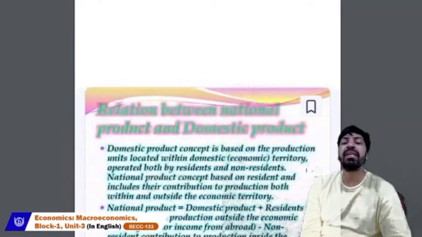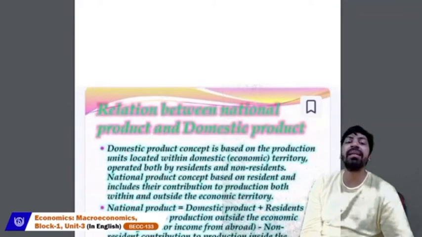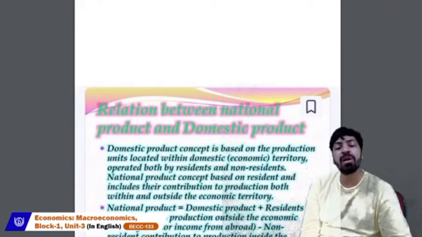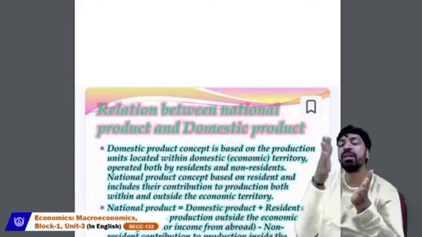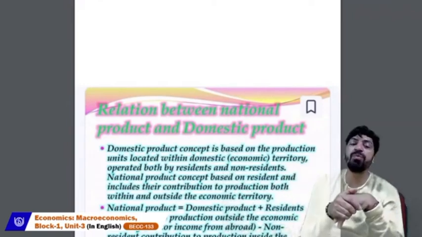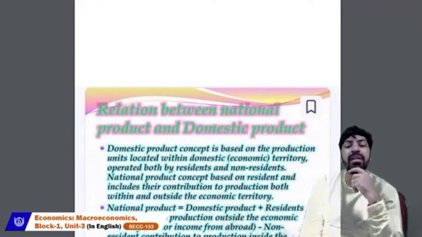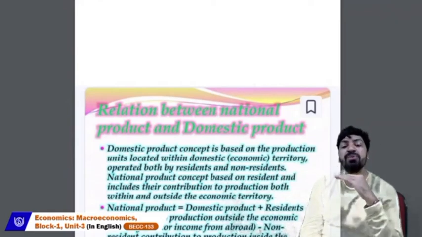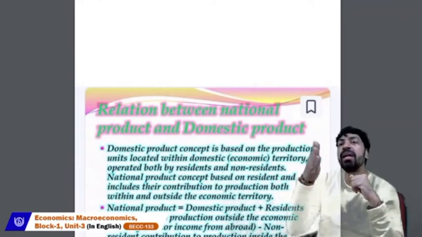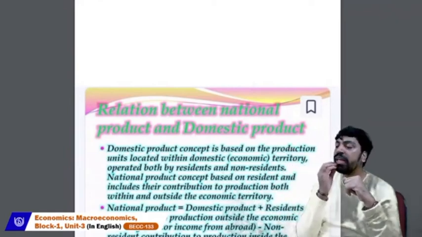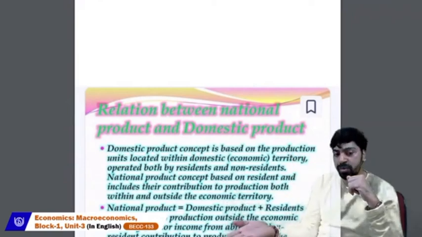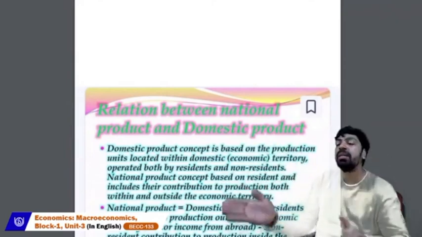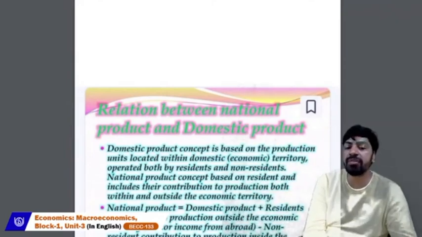The next one is the relationship between the national product and domestic product. When we talk about domestic product, we talk about goods and services produced within the domestic territory of the country.